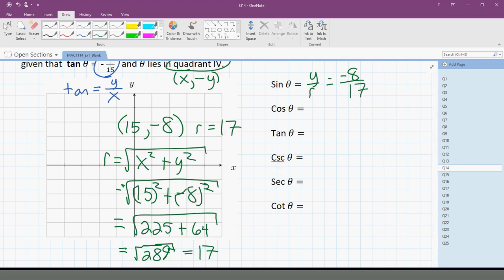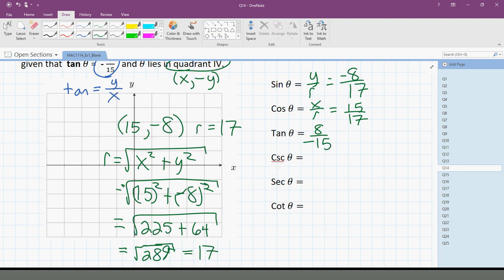All right, cosine was what over what? Yep, because it's your x over the r. So that's 15 over 17. Tangent is what over what? 8 over negative 15, because they actually gave us that one.